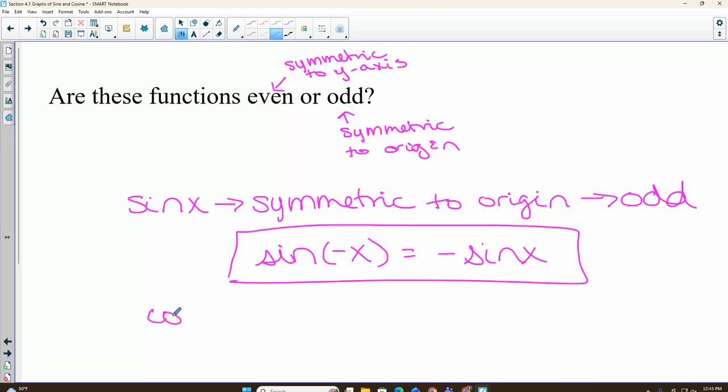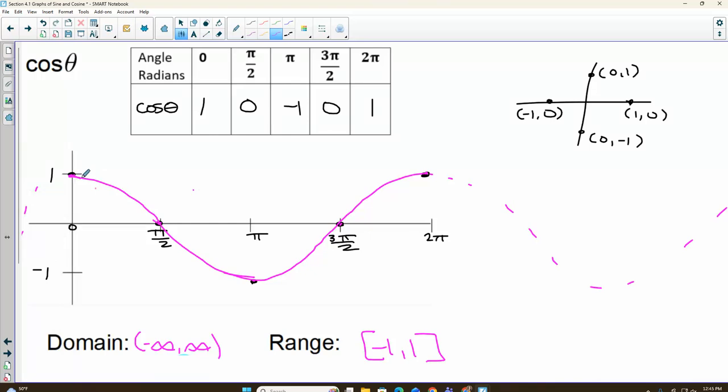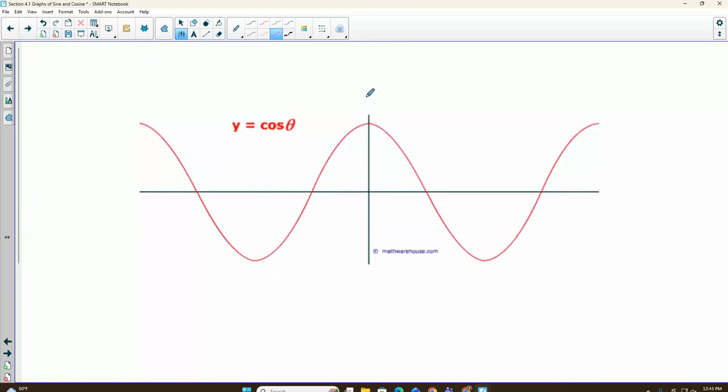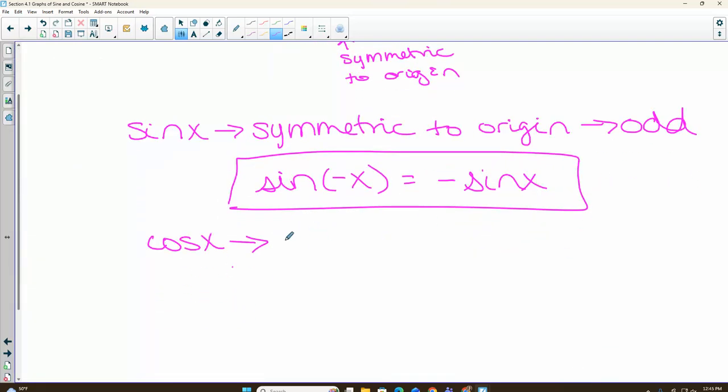If I look at cosine, all right, so if I flip this over the y-axis, does it overlap? What if you look right here? Yeah, if I flip this over the y, it's the same on both sides. So cosine is symmetric to the y-axis, which means it is even.